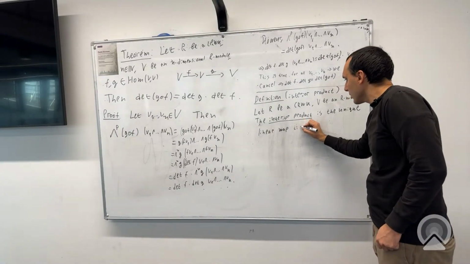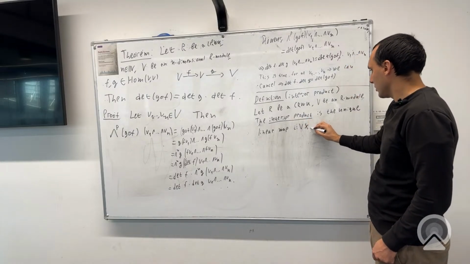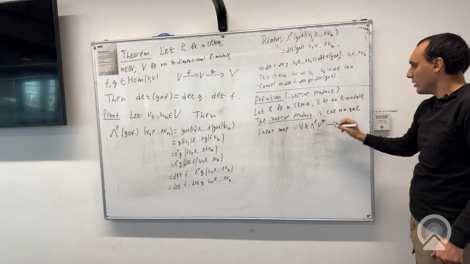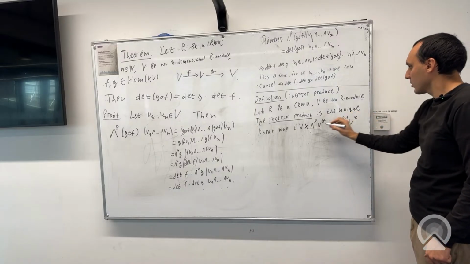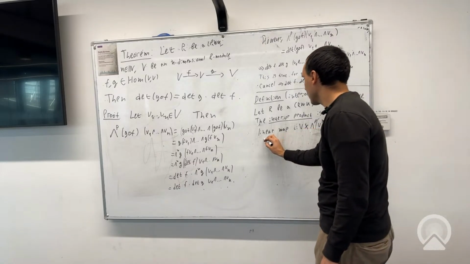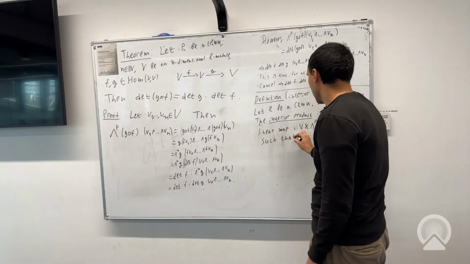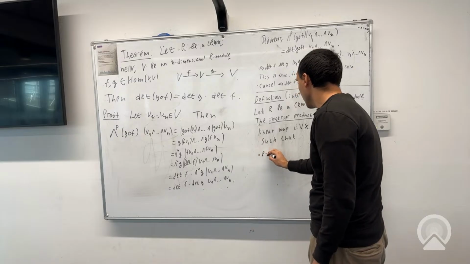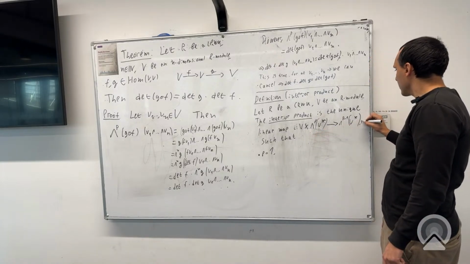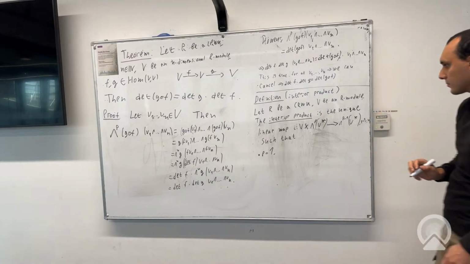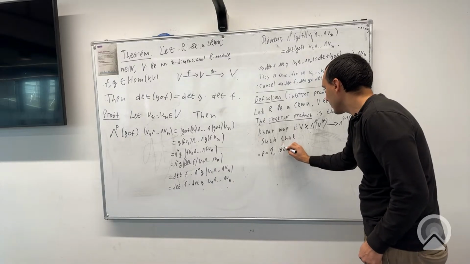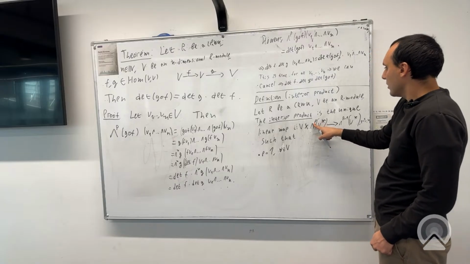It takes a vector, and then takes an element of the dual algebra, lambda p of V star, and returns one of degree p minus one of V star, such that, where p here is from 1 to n, I forgot to say, for p equals 1, we have the interior product and v is in V. So v is a vector, and lambda 1 of V star is V star.